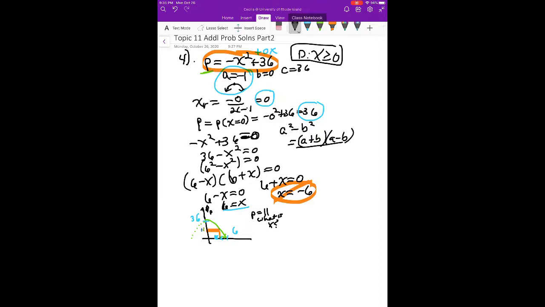So this is going to be, let's see, I'll just write it over here. 11 is equal to negative x squared plus 36.